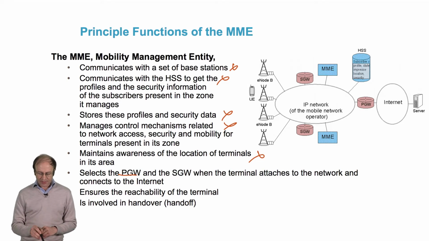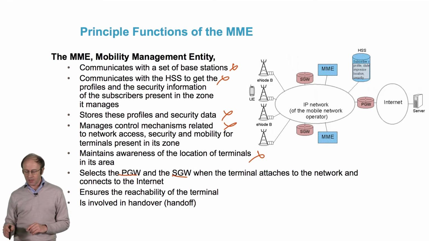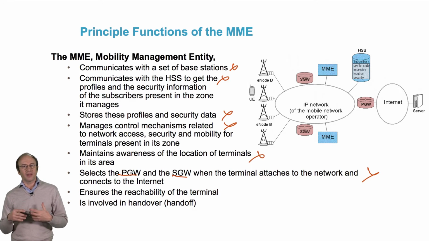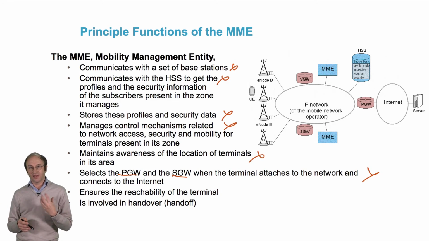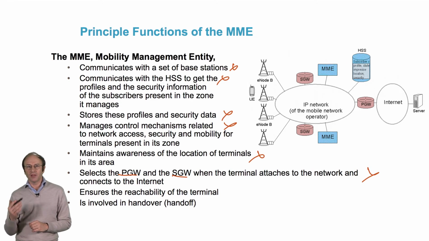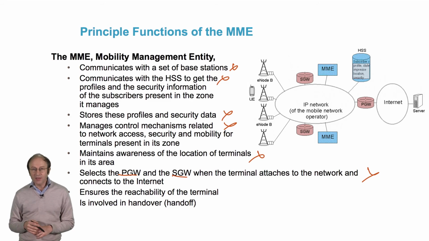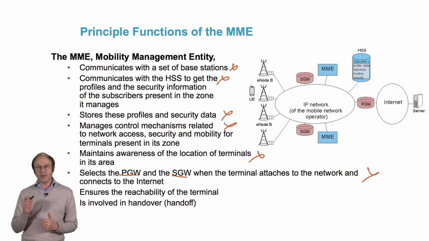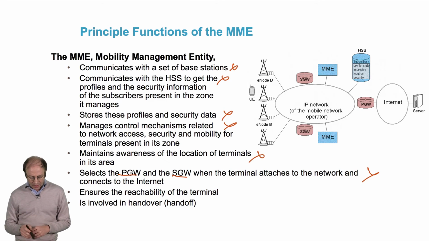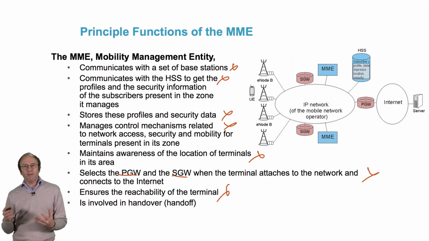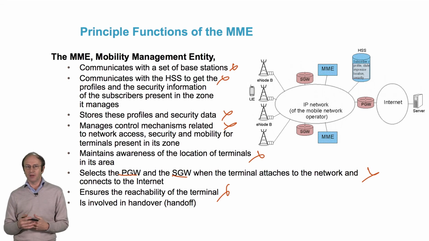It selects the P gateway and the S gateway when the terminal attaches to the network and connects to the internet. The data exchanged between the terminal and the servers of the internet network will travel through this P gateway and this S gateway. The MME ensures the reachability of the terminal.